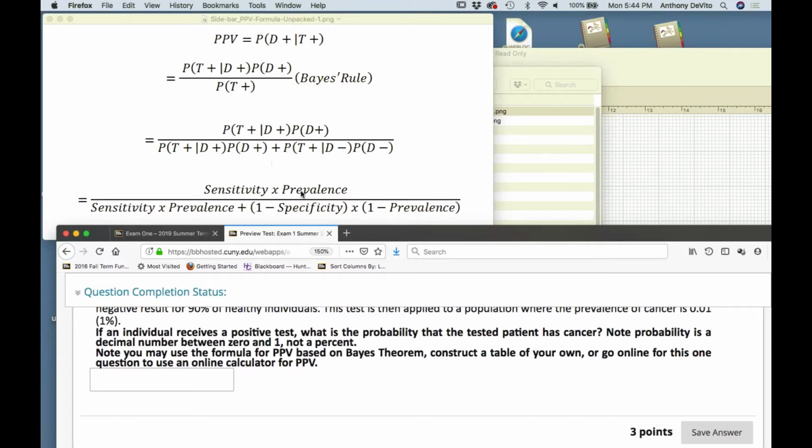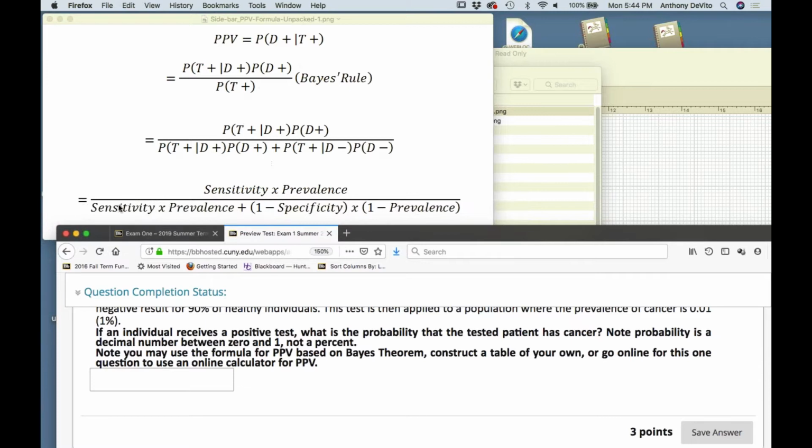So these are our true positives. The people that have the disease, 50%, 10%, whatever percent of the population, times the percentage of people that get tested and are correctly tested. So on top, we have our true positives.